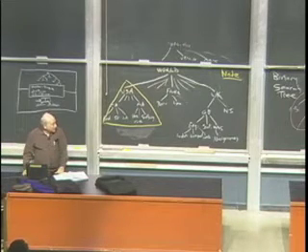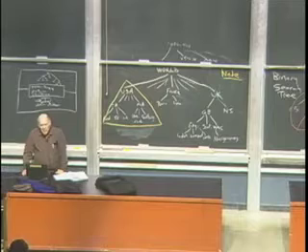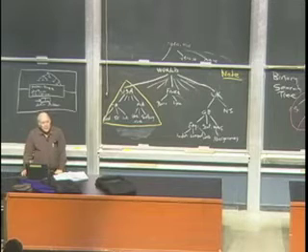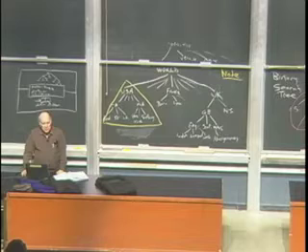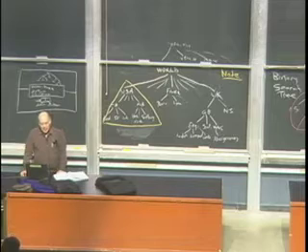I'm emphasizing this because data structures textbooks almost always get this wrong. They think that there's a difference between trees and nodes, and as a result of that, they build way too complicated abstract data types.